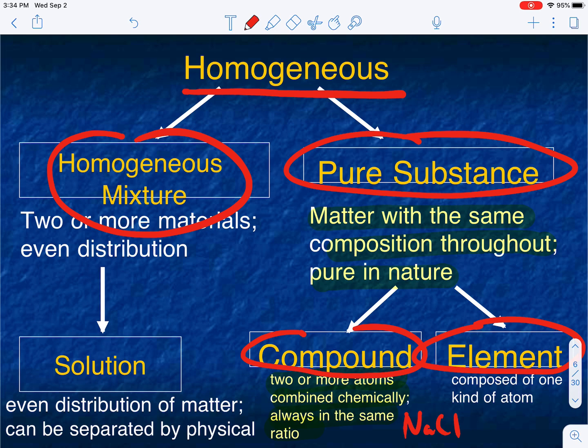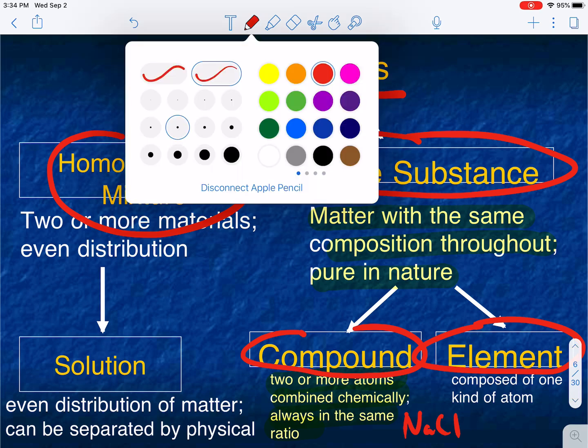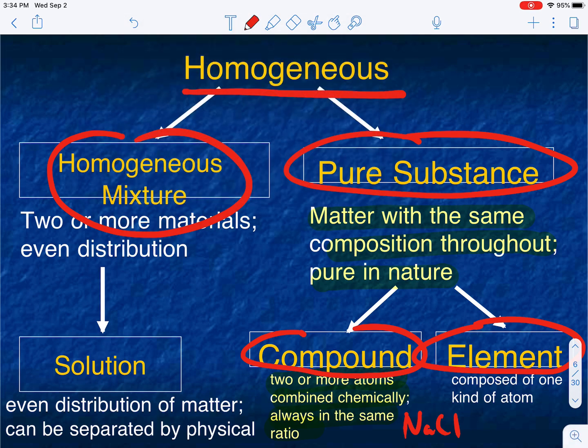Compare that to a homogeneous mixture, where it is two or more substances that are combined. So it'd be like basically taking some of these pure substances and putting them together. And we get what are called solutions.